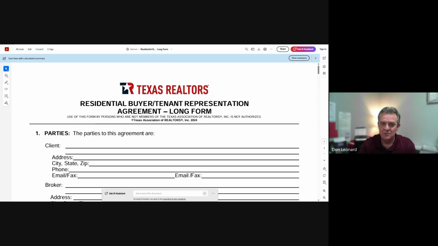There is a document form in each one of those contract forms, listing agreement, buyer or tenant rep, sales contract, called an amendment. It makes changes to an existing contract. So we don't like the idea of going back to the original document, scratching stuff out, adding new stuff in, and getting it initialed or not.